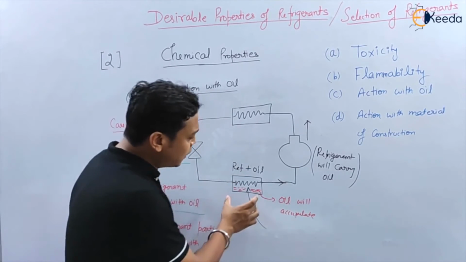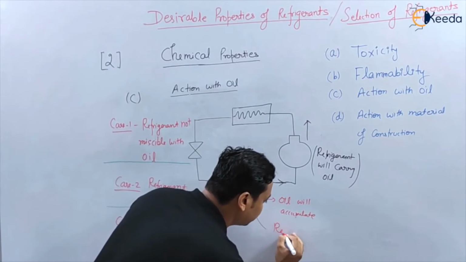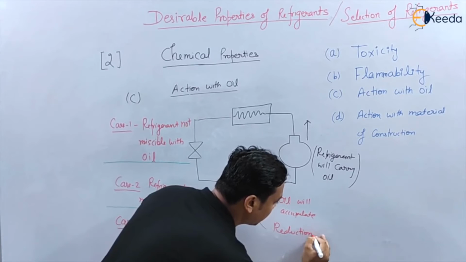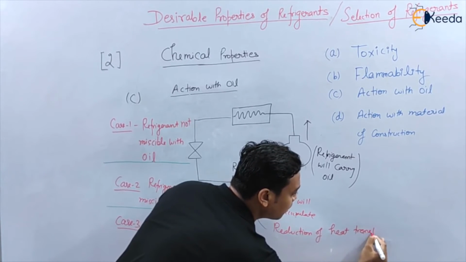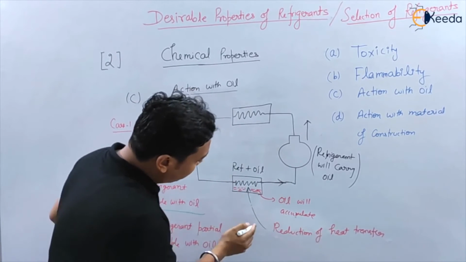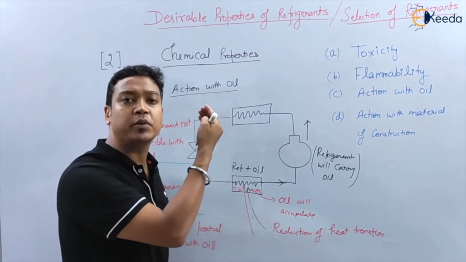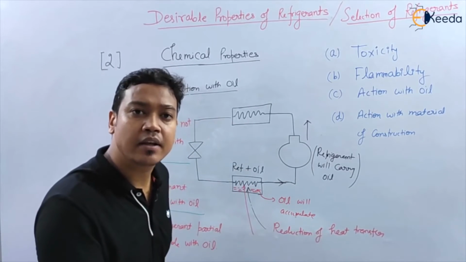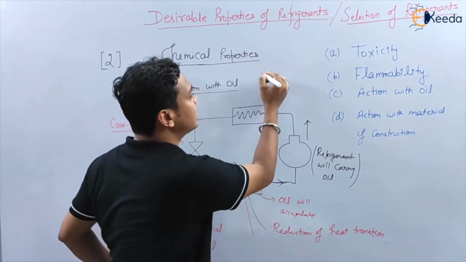The accumulation of oil will result in a reduction of heat transfer. That means the evaporator will take less heat from the storage space. If heat transfer is less, that means the refrigeration effect is less.